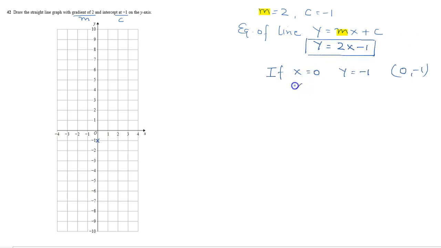Now if we put x is equal to 1, so 2 times 1 is 2, minus 1 is 1. So another point is 1 and 1. So 1 and 1 is this.